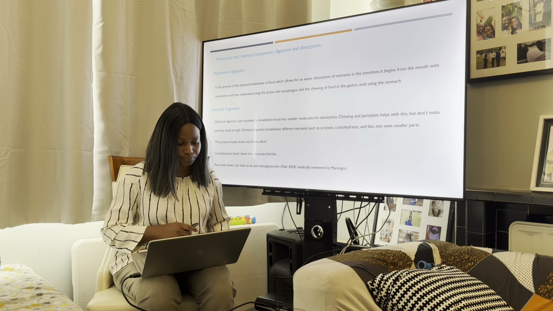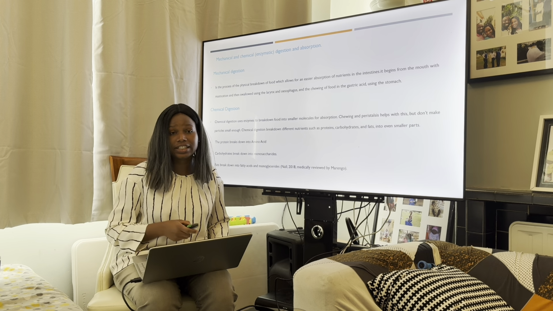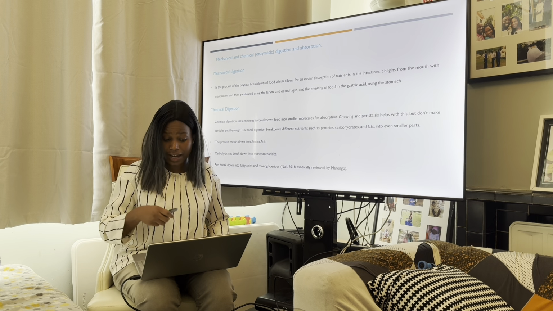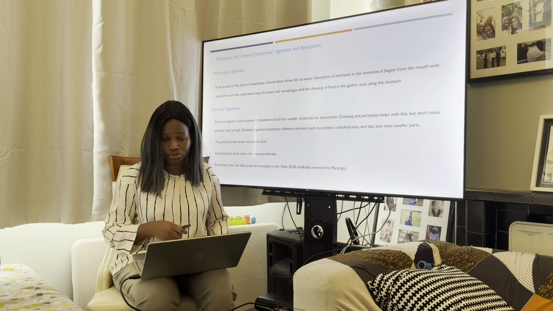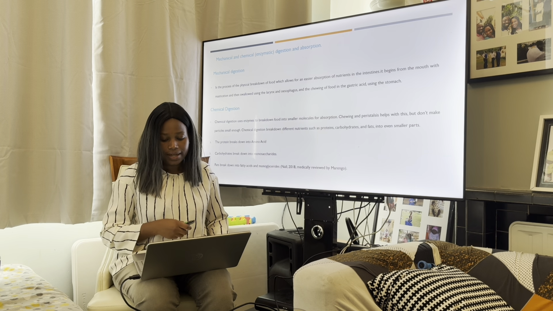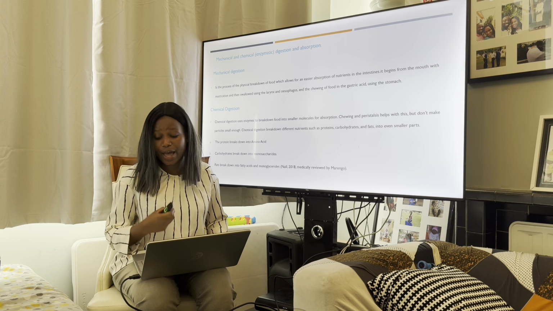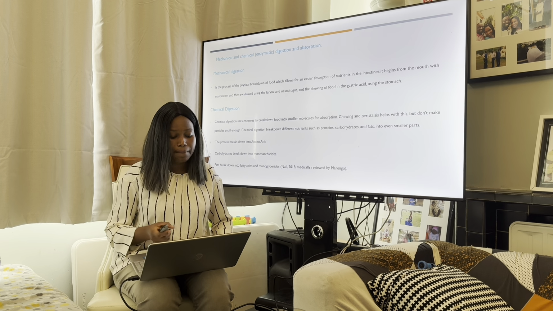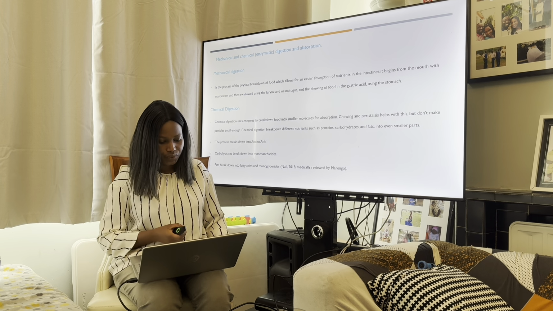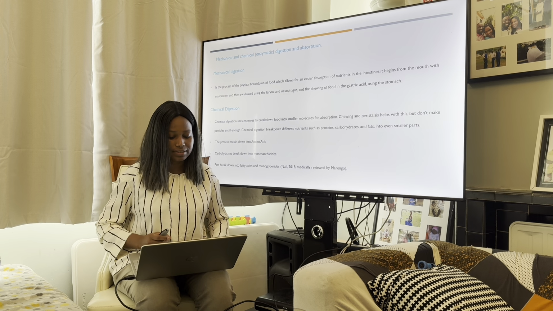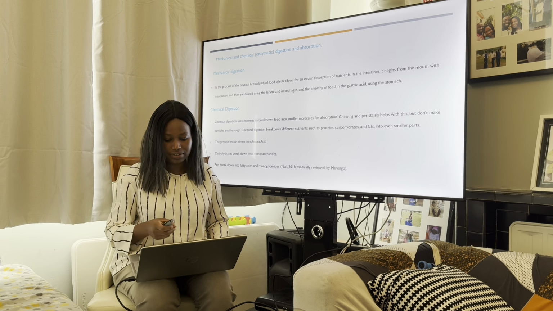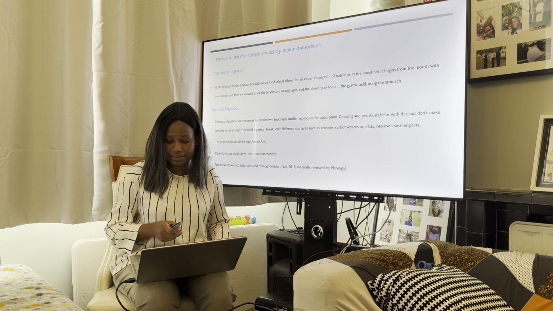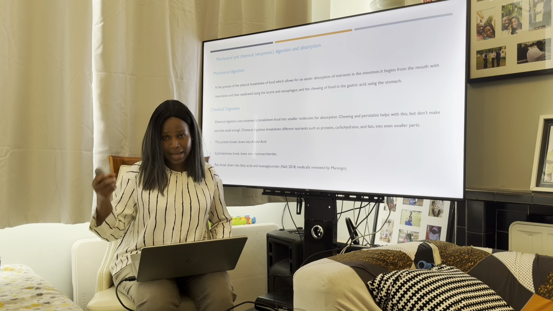Chemical digestion. Chemical digestion uses enzymes to break down food into smaller molecules for absorption. Chewing and peristalsis help with this, but don't make the particles small enough. So chemical digestion breaks down different nutrients such as protein, carbohydrates, and fats into even smaller parts.